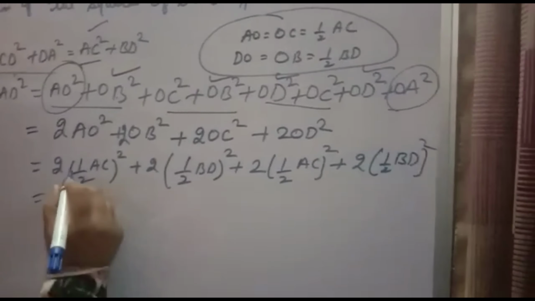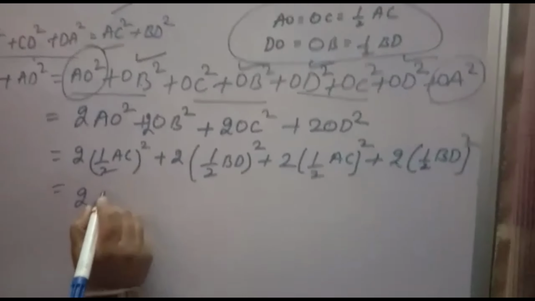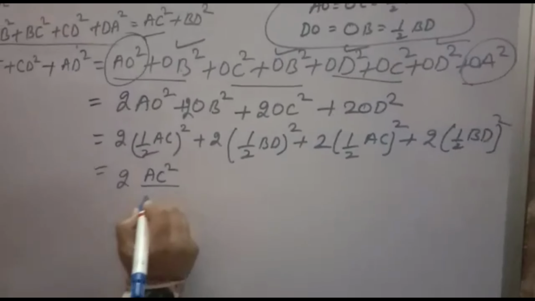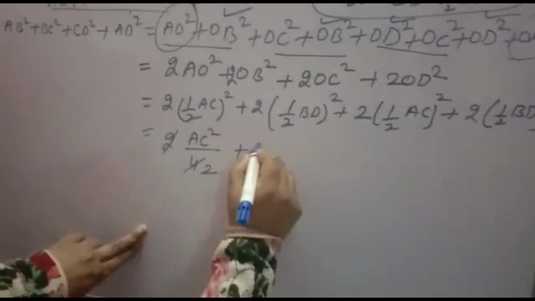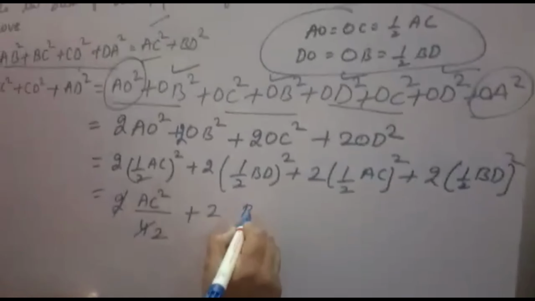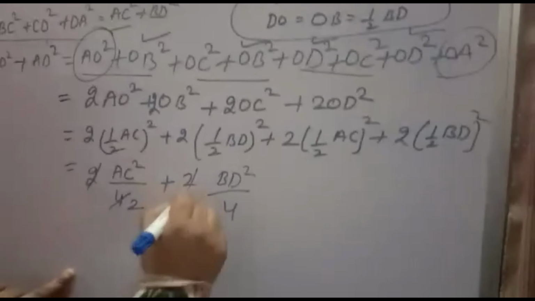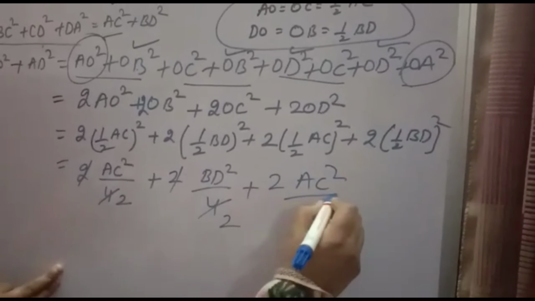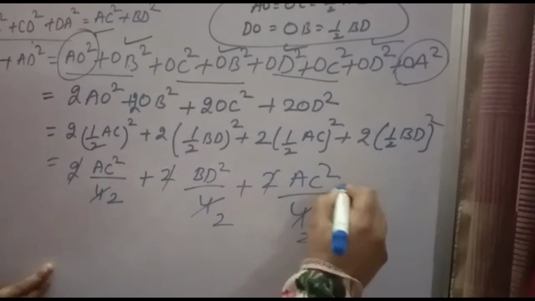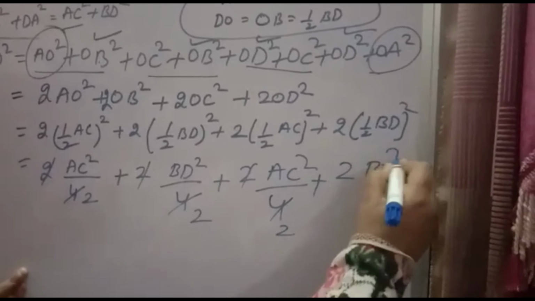Then 2 into half of AC square means AC square over 4, and 2 twos are 4, so AC square over 2. In the same way, 2 into BD square over 4 gives BD square over 2. Then again 2 AC square over 4 and 2 BD square over 4.